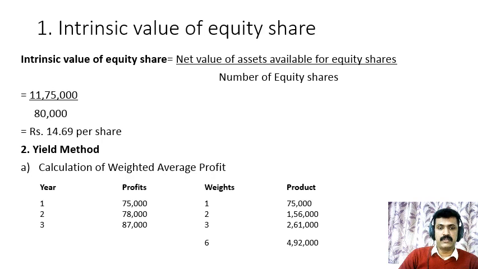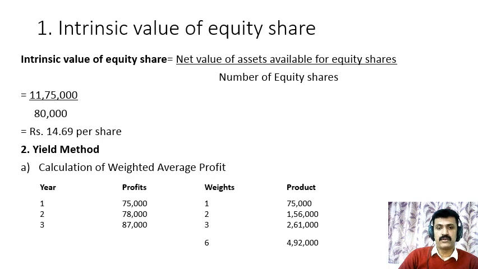Then under yield method, as I already said, first we have to compute the weighted average profits, that is profit for the last 3 years divided by total weights. So profits are 75,000, 78,000, 87,000, and the weights to be assigned are 1, 2 and 3, and the products are 75,000 into 1, 75,000, 78,000 into 2, 1,56,000, 87,000 into 3, 2,61,000.